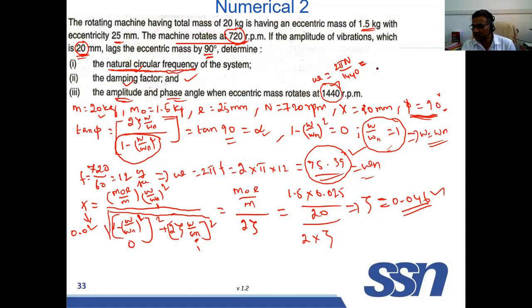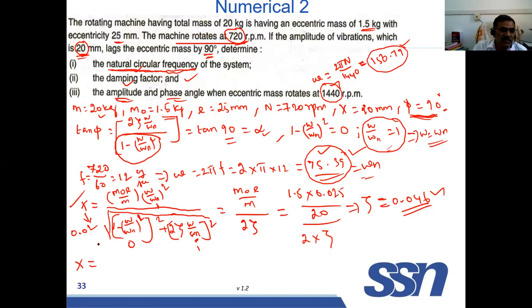So what is omega? Omega is equal to 150.79. This is the omega value. Already we have the omega n value, it is 75.39. So now you substitute in this equation. You can find the value of displacement for 1440 RPM.